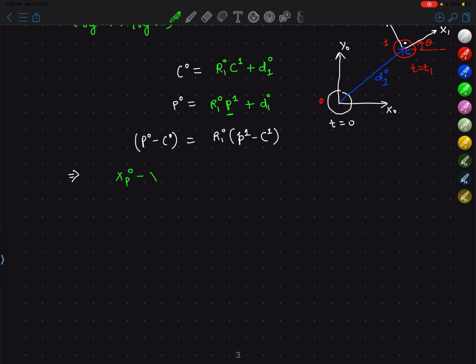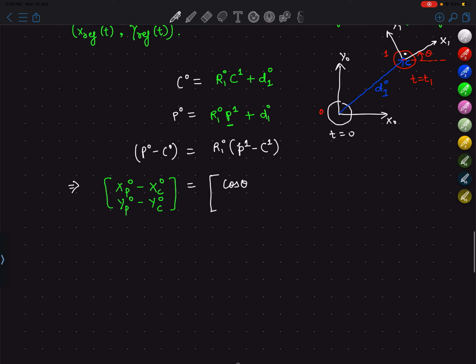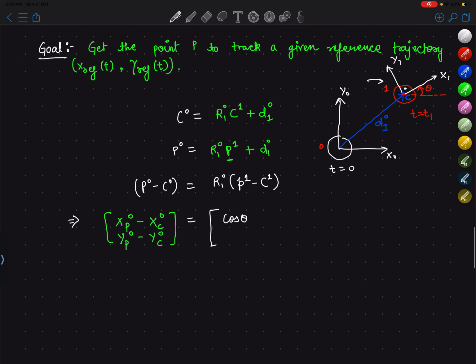This has to be equal to R1 naught. If we expand this matrix, it can be written as cos theta, minus sin theta, sin theta, cos theta, because frame 1 has rotated by angle theta.